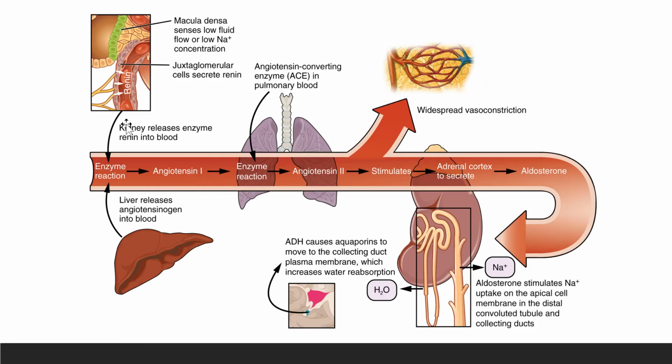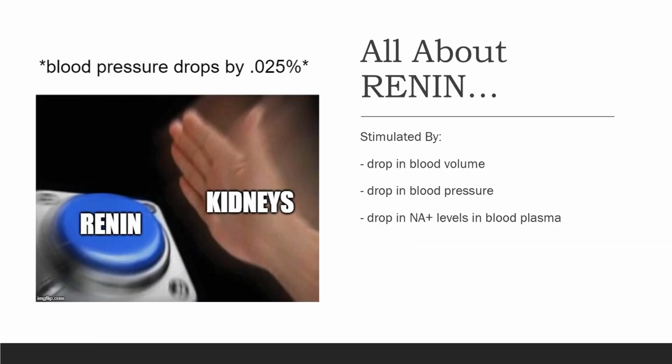So here's a little diagram that shows you the pathway of what all has to happen. The main goal is to get this aldosterone here, but angiotensin 2 is also a big key player in this as well. So the first thing that has to happen is renin has to be stimulated.